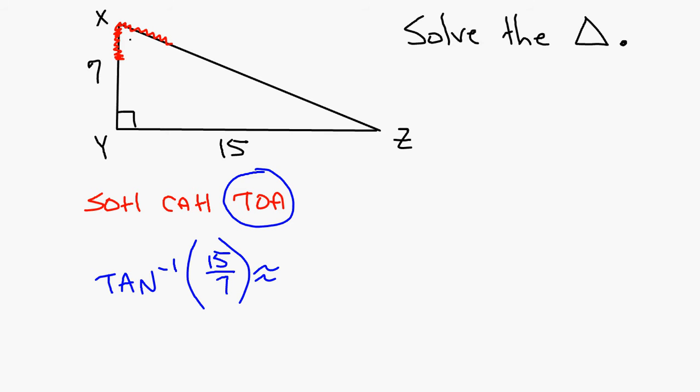And what is that as a whole number? 65 degrees. So your angle x up here is 65 degrees. So then you take 90 minus 65. I think it's 25. 25 degrees is your angle z.